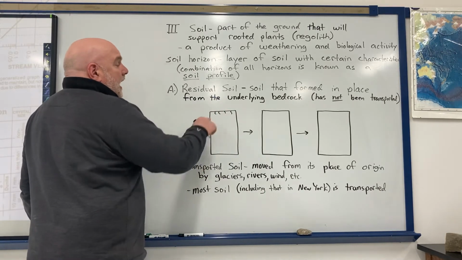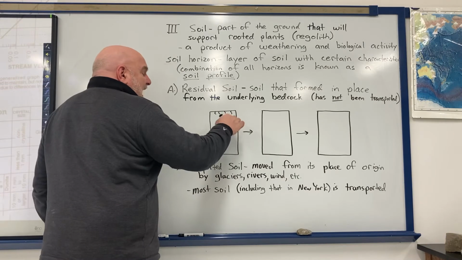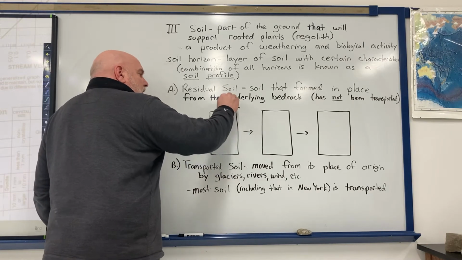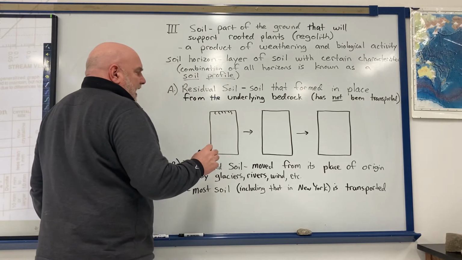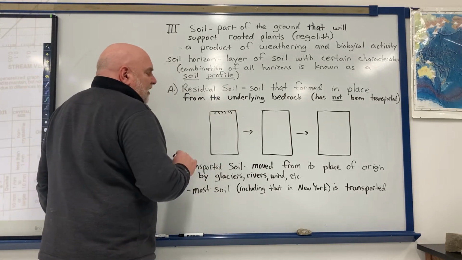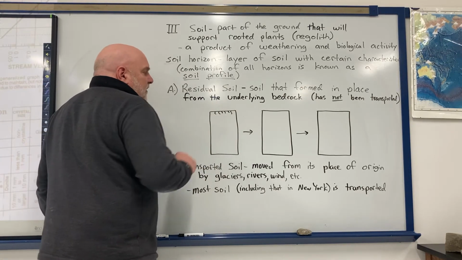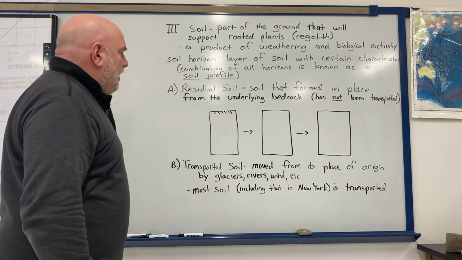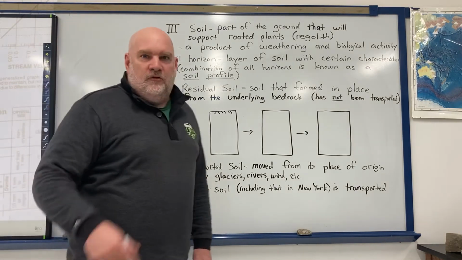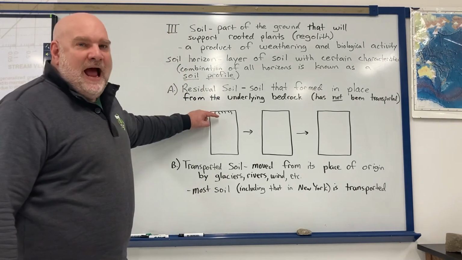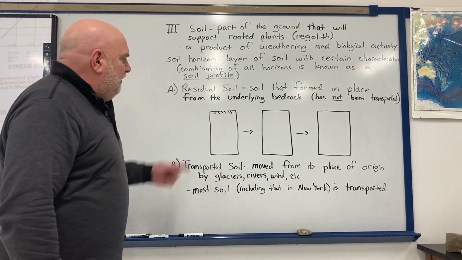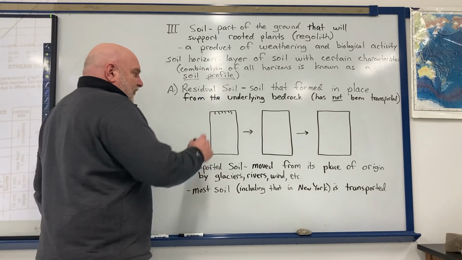Once they start to get little cracks, that lets the air and the water get down even more. And as soon as it breaks up a little bit, some seeds from plants might get down in that crack, and you may get a little bit of water, and you might get some plants that start to grow.